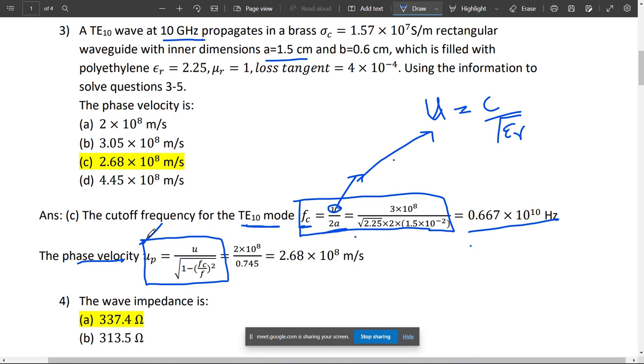Okay. Can someone from you tell me what is phase velocity? Go ahead. Try. Okay. Phase velocity is the rate at which the wave propagates in any medium. So there is normal velocity, right? Velocity of a wave, right?